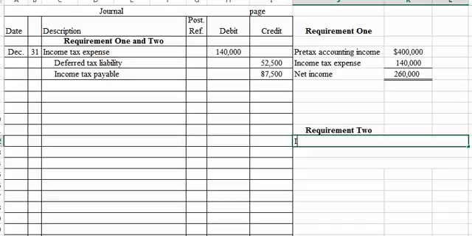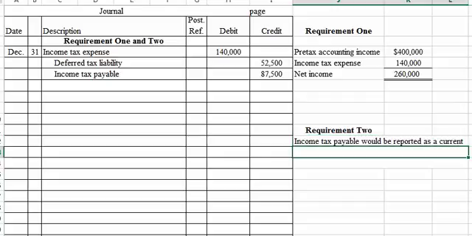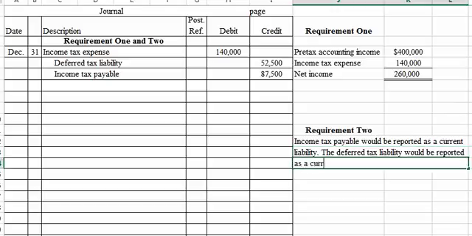Well, income tax payable would be reported as a current liability, and the deferred tax liability would be reported as a current or long-term liability, depending upon when the temporary difference is going to reverse out.